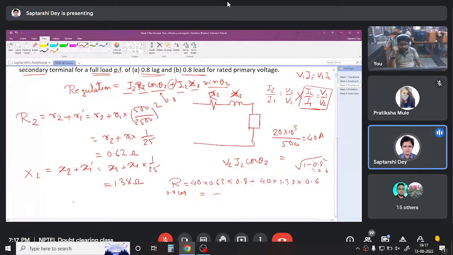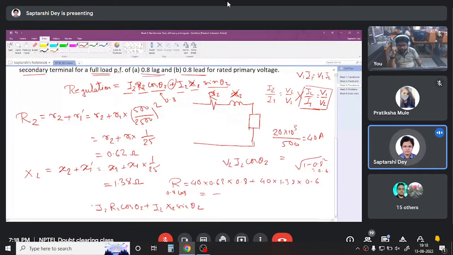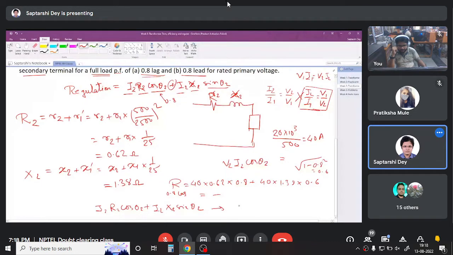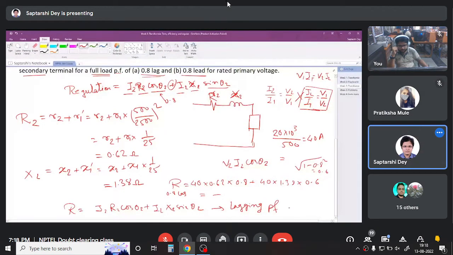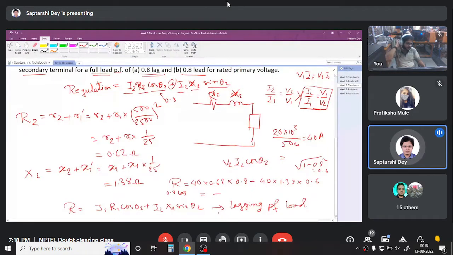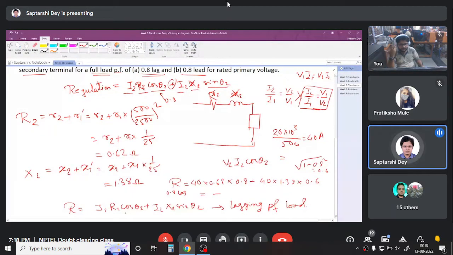In the regulation formula, I2 R2 cos theta 2 plus I2 x2 sin theta 2, this is derived assuming a lagging power factor load. So if you are given a lagging power factor load, you need not put a minus. But if the load is leading power factor, then this theta you have to make it minus theta 2. So cos minus theta is cos theta, sin minus theta is minus sin theta. So this becomes minus if it is a leading power factor load.